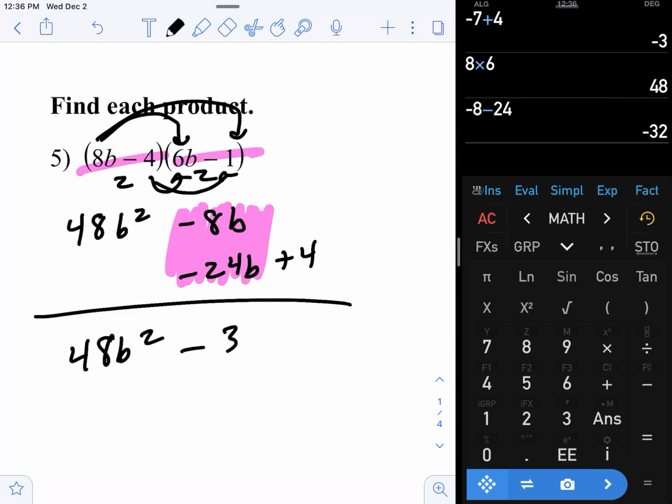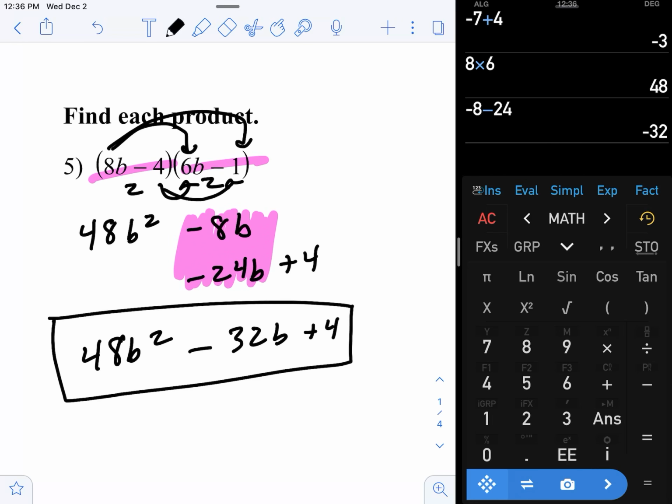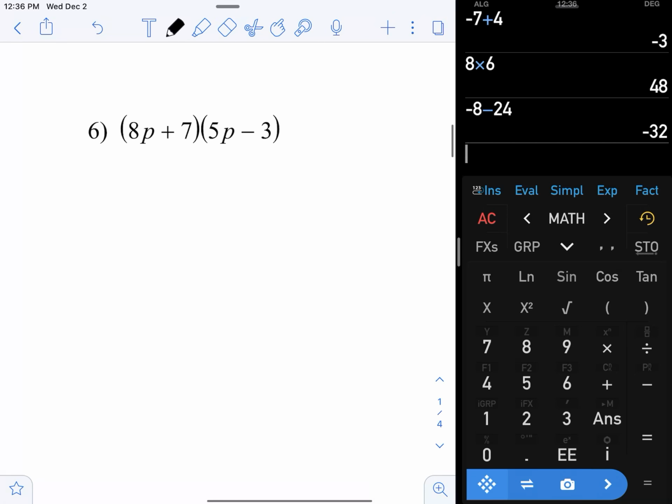Okay. Negative 32b plus 4. Eight times 5 is 40. P times P is P to the second.